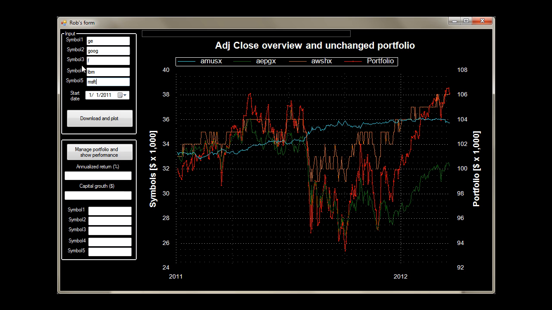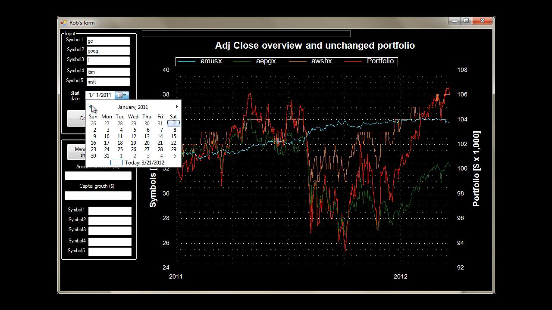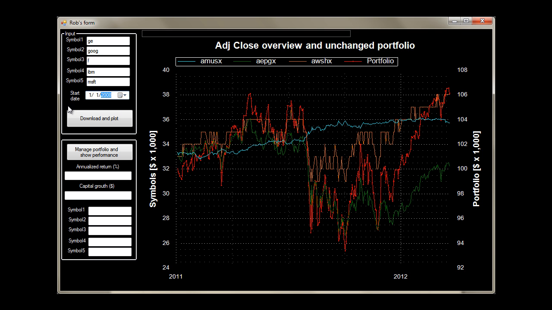Okay, so I input these, and this is going to pull from Yahoo Finance starting on January 1st, 2011. By the way, I can customize this all over. So let's go here and pick January of 2008. So from 1/1 of 2008, I want to download and plot General Electric, Google, Ford, IBM, and Microsoft.